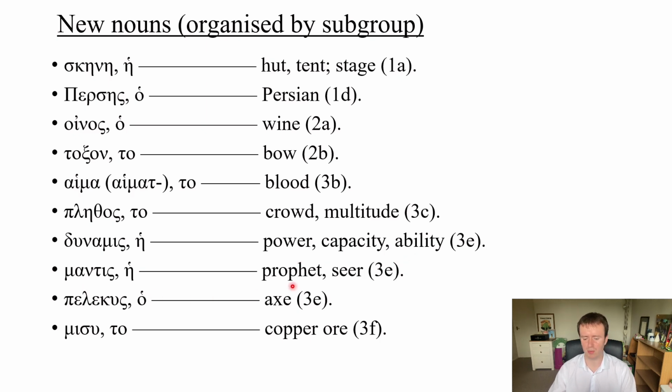Mantis means prophet or seer. And it does give us the word mantis in English. And in fact, even in ancient Greek, it could mean mantis in the sense of the insect, a praying mantis. And a mantis is called a mantis because of the appearance, particularly the praying gesture.